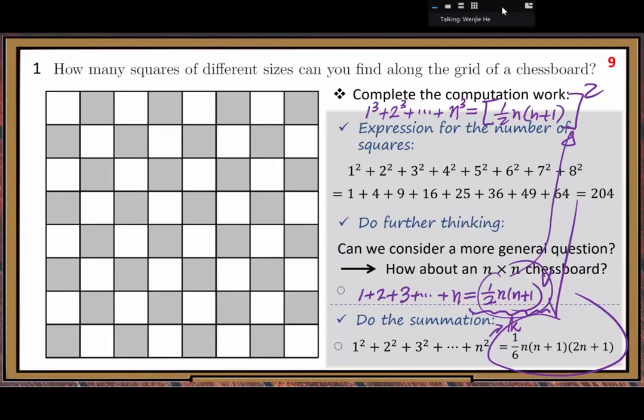If you connect to this property, then you can always memorize that formula. Why can some people memorize a lot of things?